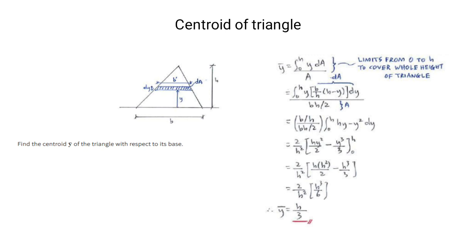That is equal to b divided by h divided by bh divided by 2, integral of 0 to h of hy minus y square into dy, which is equal to 2 divided by h square, bracket of h y square divided by 2 minus y cube divided by 3, the limit of 0 to h, which is equal to 2 divided by h square into bracket of h cube divided by 6. Therefore, y bar is equal to h divided by 3. The centroid of the triangle y bar is equal to h divided by 3.